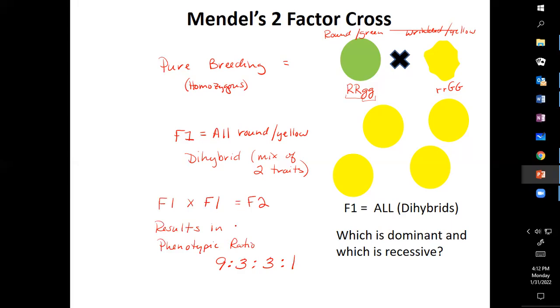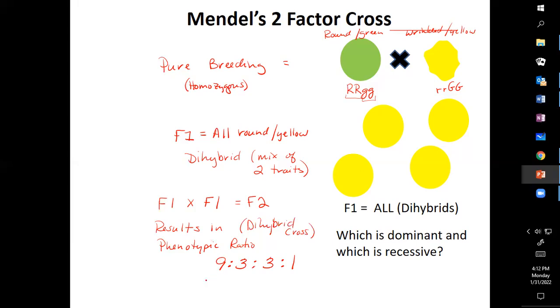So the results of a dihybrid cross result in a 9 to 3 to 3 to 1 distinct phenotypic ratio, where the 9 is the category where they're dominant for both traits.